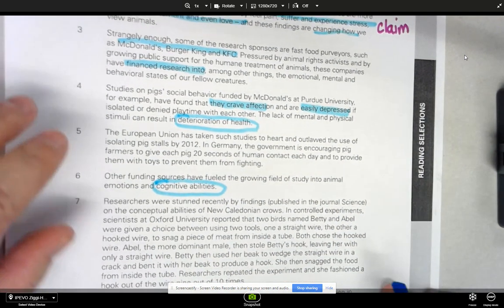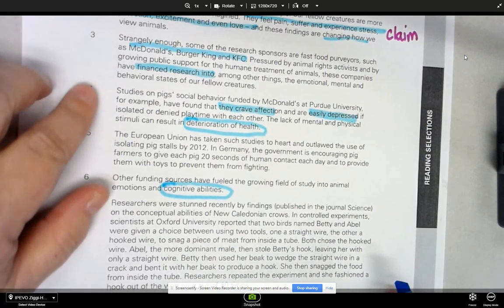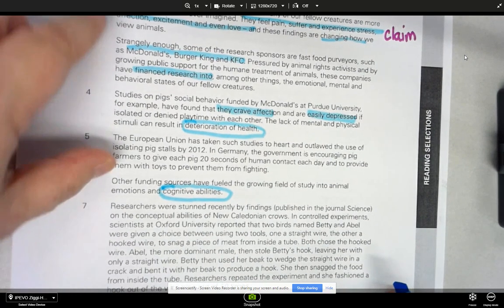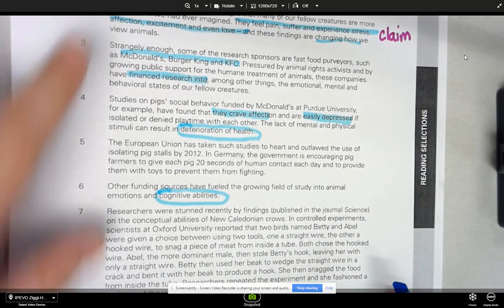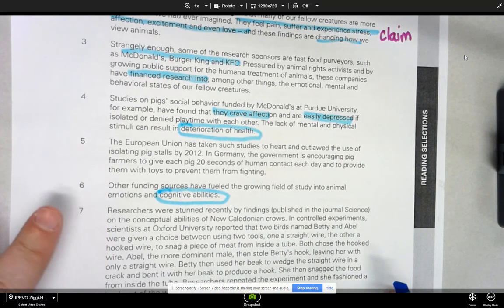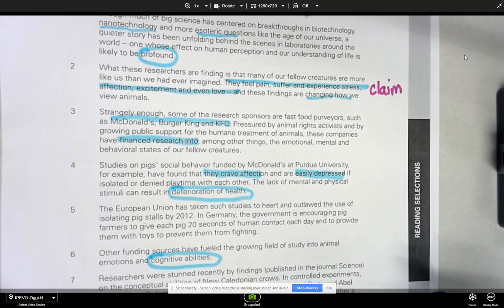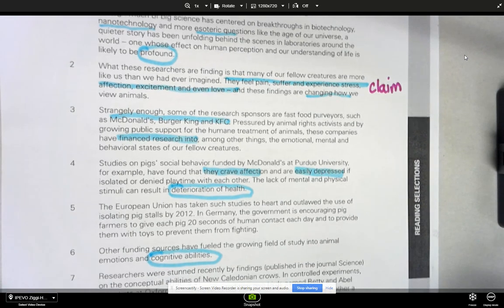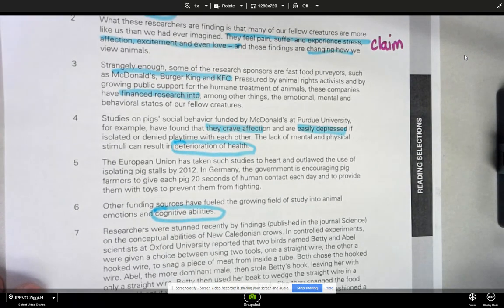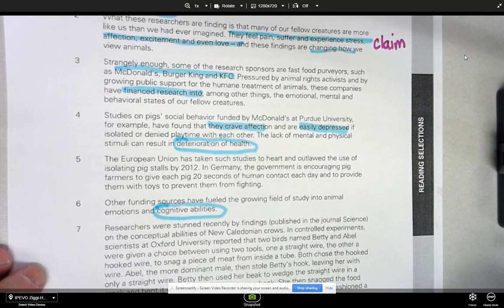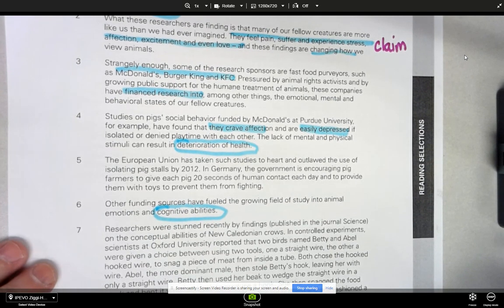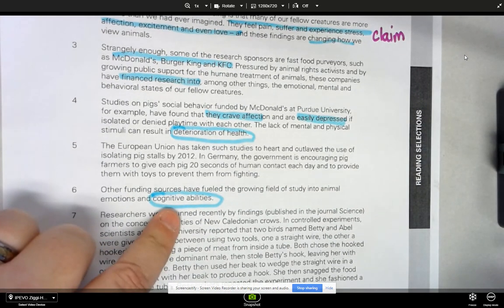I'm looking at the organization of this, and so I know that in this first part, he's giving the type of research that these fast food companies have been financing. These studies have found that animals can be depressed and they have cognitive abilities.